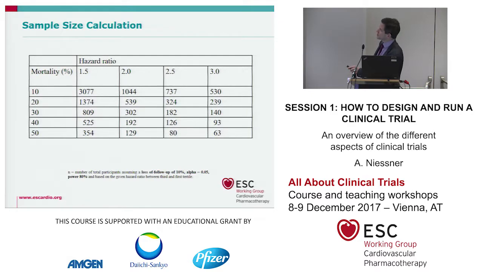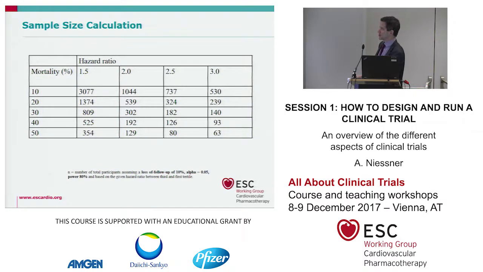Okay, so the one thing is what difference I want to see, and the other thing is the event rate. If I have a very rare event, for example, only 10%, I need a high number of patients. If I assess some endpoint which is very common, where 50% of patients get the endpoint, I also need very few patients.